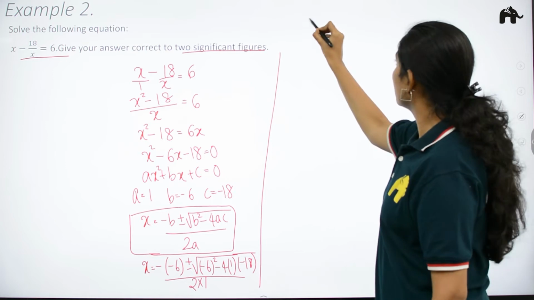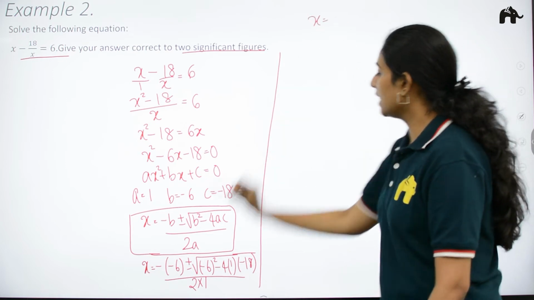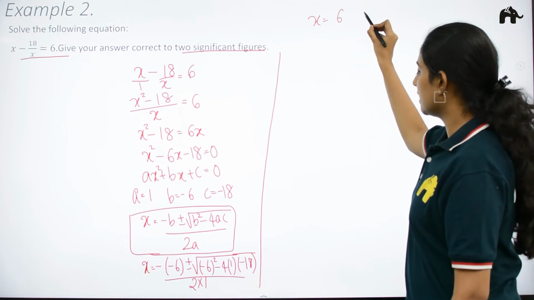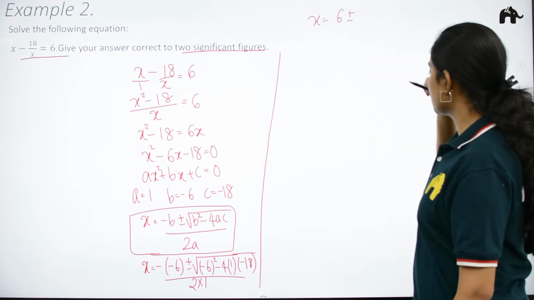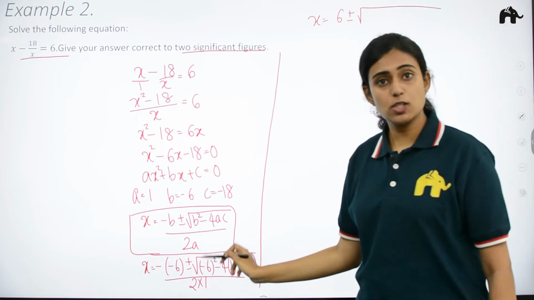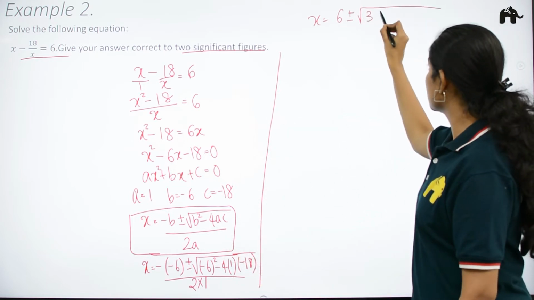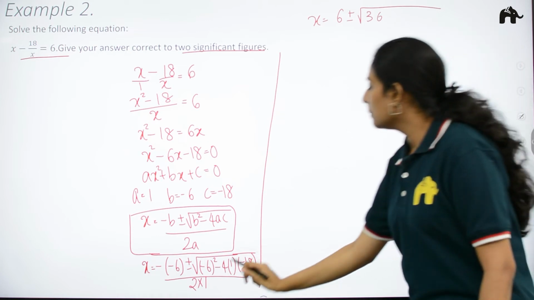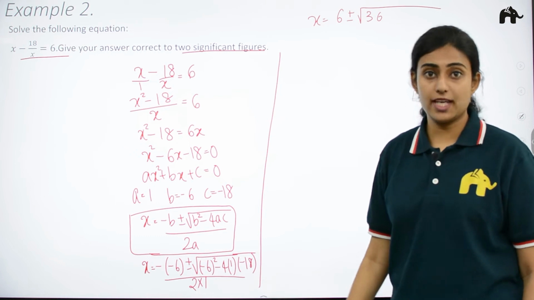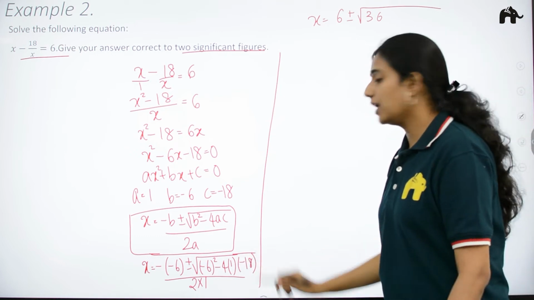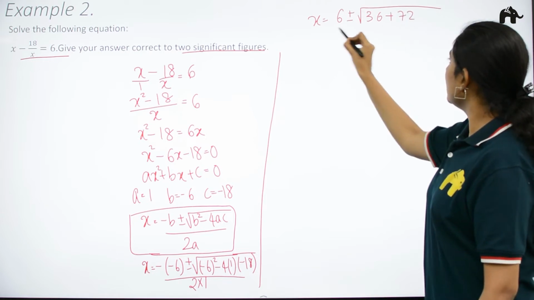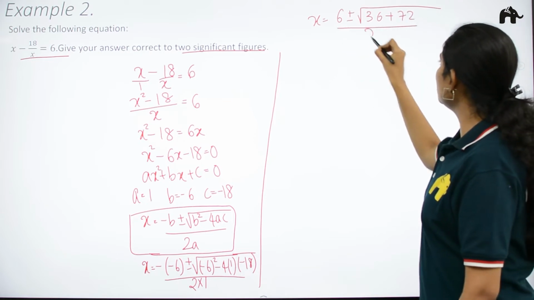Now, x is equal to minus of −6, that is plus 6. 6 plus or minus root of (−6) whole square is 36. Minus 4 into −18. Two negative numbers will give a positive. 4 into 18 is 72. That is plus 72, divided by 2 into 1.